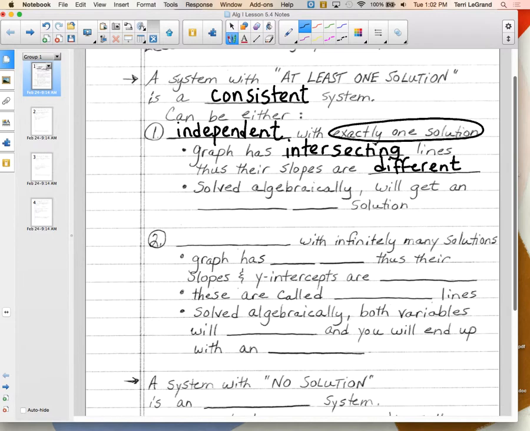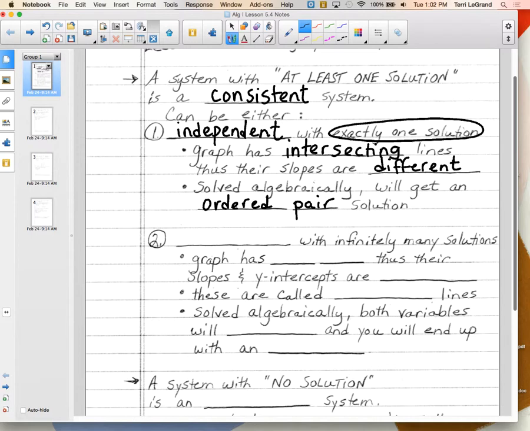When we solve one of these algebraically, what happens? If there's only one solution, what happens when we solve it algebraically? You get an ordered pair solution, yeah. So in reality, we have mostly been working with consistent independent systems.